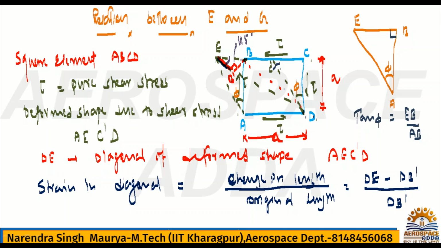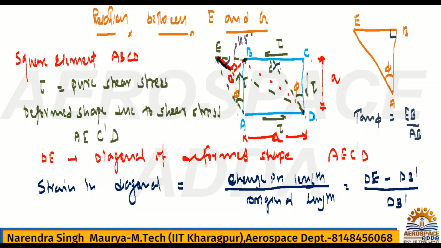It will also give rise to axial tensile stress on the diagonal, because once load is acting on the surface BC, elongation will be there. That's the reason the diagonal length increases, it means tensile load. This diagonal DB will also experience the tensile load. For that reason we are getting elongation, along the diagonal we are getting more length, right?